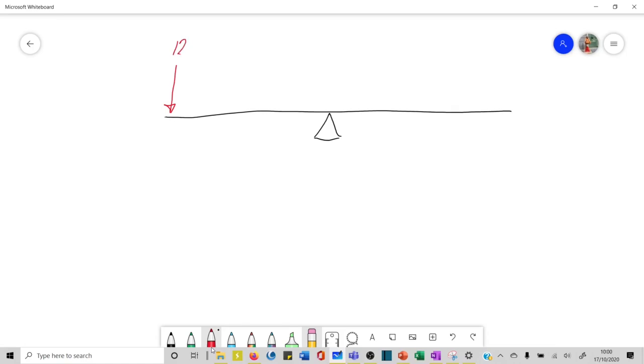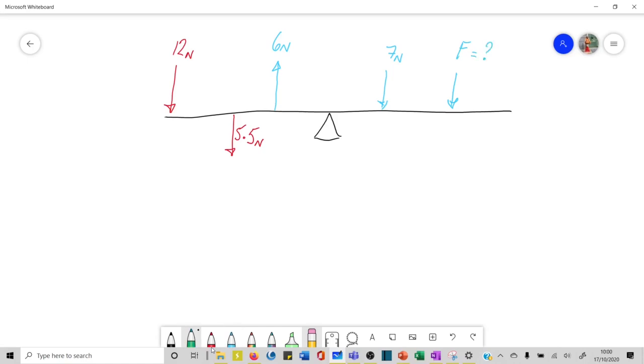So let's say 12 newtons, and then we've got one here at 5.5 newtons, and then a pulling force here of 6 newtons, and a pushing force here of 7 newtons, and let's put one down here, and let's call this F equals question mark.